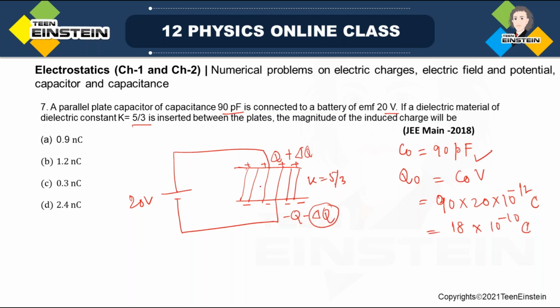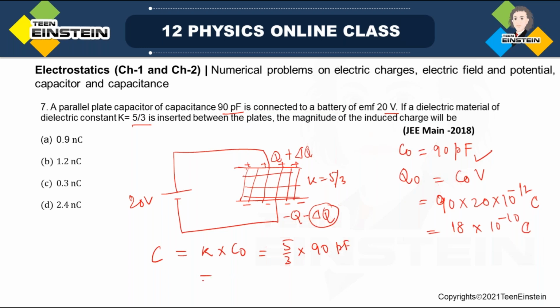Now we have to find out the capacitance after inserting this dielectric material so that we can find out the final charge stored in this capacitor first. So the capacitance after inserting the dielectric material can be obtained as K into C0. K means 5 by 3 and C0 is 90 picofarad.